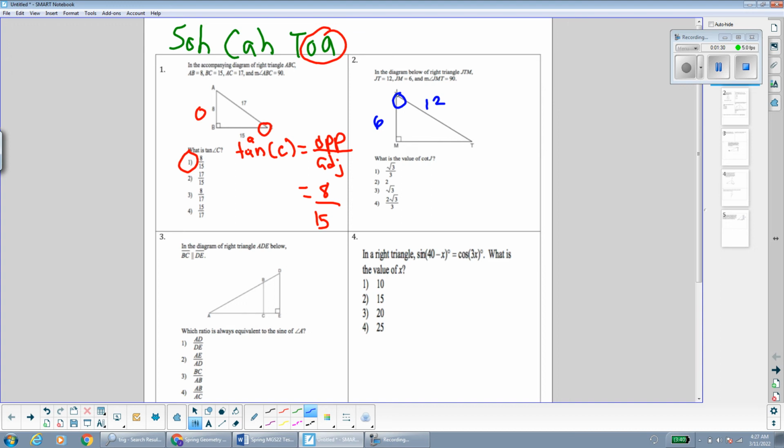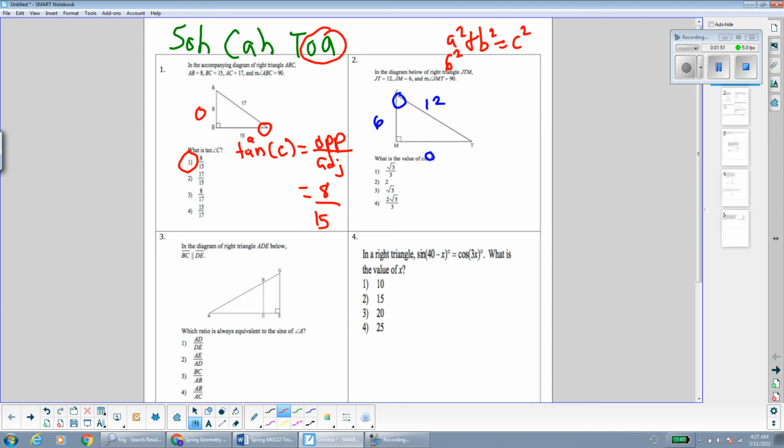But right now, I don't have the side opposite from angle J. That's empty. We don't have a measurement. We have 2 other sides of the right triangle, so we can find the missing side using the Pythagorean theorem. I'm going to plug in to a squared plus b squared is equal to c squared. One of our legs is 6.